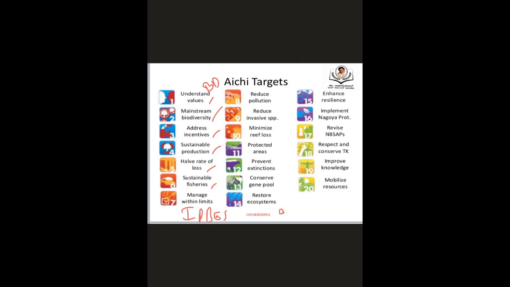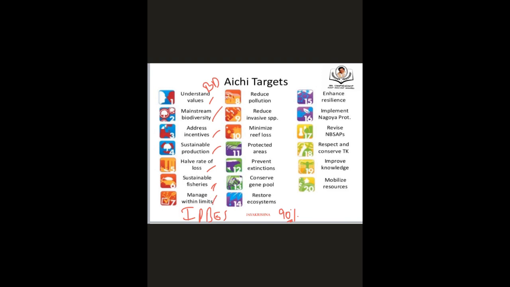How much are being overfished? 90% of the fishes are being overfished. Whether there is a requirement or not, the people are not acting according to the demand. They were simply extracting or fishing the fishes. This is what is called overfishing. Now sustainable fisheries has become one of the targets.